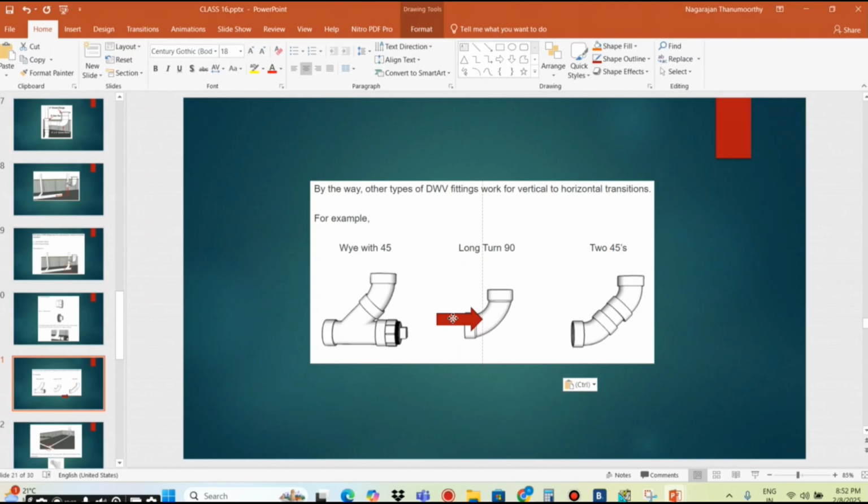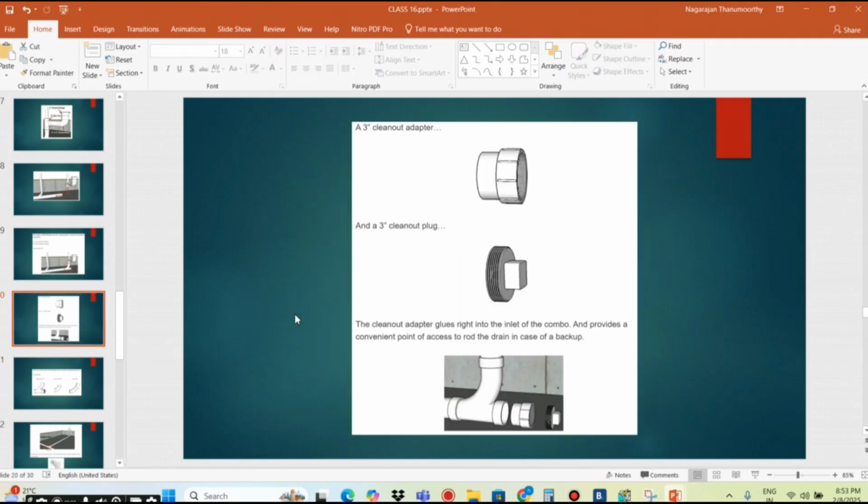Second option, long turn, long radius 90 degree, long sweep 90 degree. And the third option, the standard also permits using two 45 degree elbows for vertical to horizontal transition. And after that, what will come?